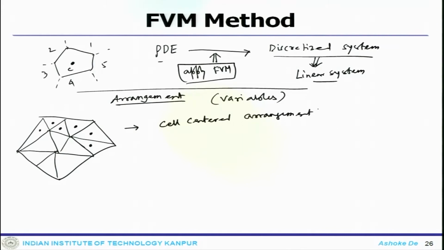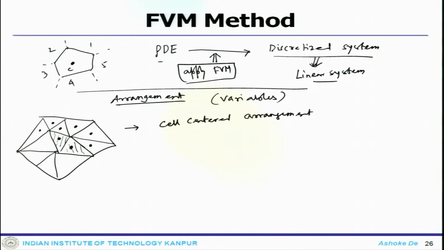That means, whatever variable that we will be solving for, they will be stored at the cell center. And so far whatever we have discussed keeps the values at the cell center only. Now, when I look at the cell center, I have a particular element like that over which I will get the integration of my equations. So, this is called the cell center arrangement.